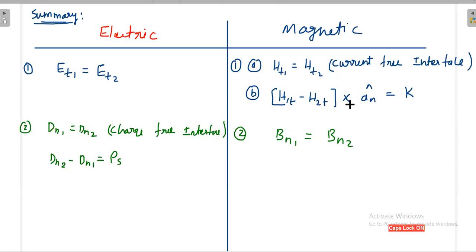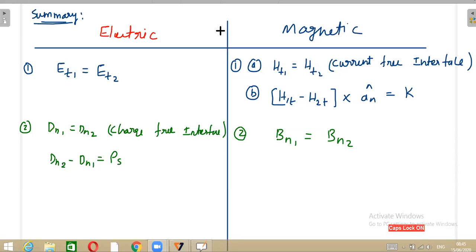Okay, and from this one thing is very clear. Whether you have surface current K or not, your normal component of magnetic flux is not affected.